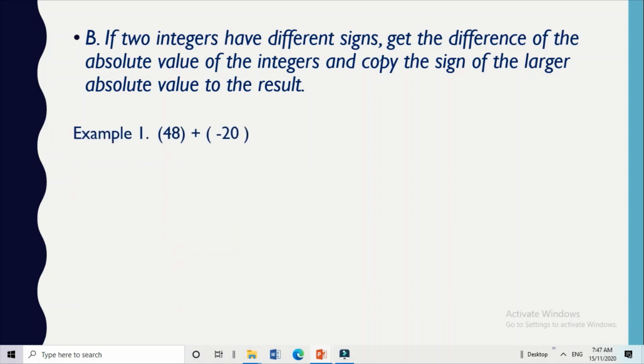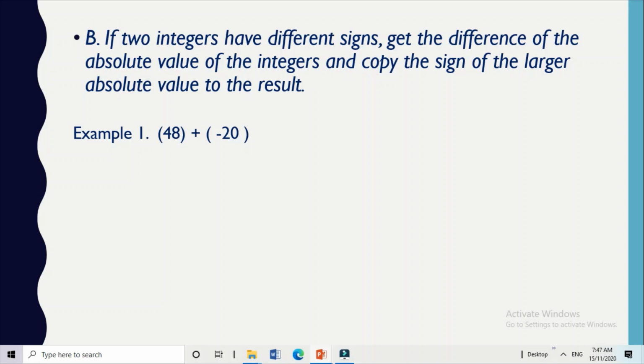Okay. Example number 1. Positive 48 plus negative 20. Get first the absolute value of 48. The absolute value of positive 48, that is 48. And the absolute value of negative 20, that is positive 20. And after you get the absolute value, subtract the two numbers.